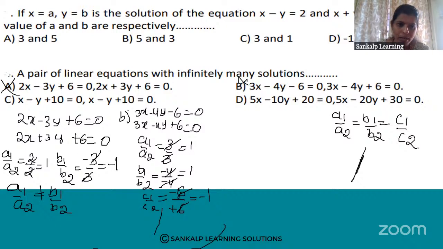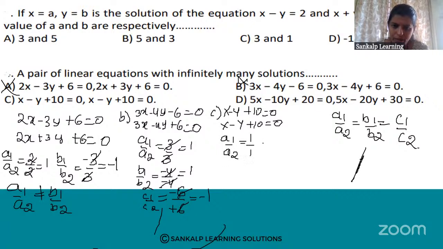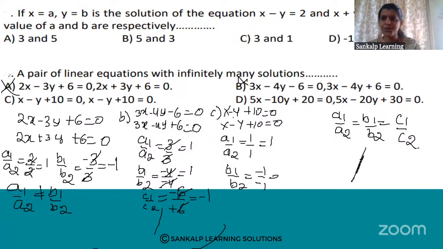Next, x minus y plus 10 equal to 0 and x minus y plus 10 equal to 0. Check a1 divided by a2: 1 divided by 1, this is 1. b1 divided by b2: minus 1 divided by minus 1. See here, minus y is there, so nothing written means the coefficient of y is 1, here it is minus 1.